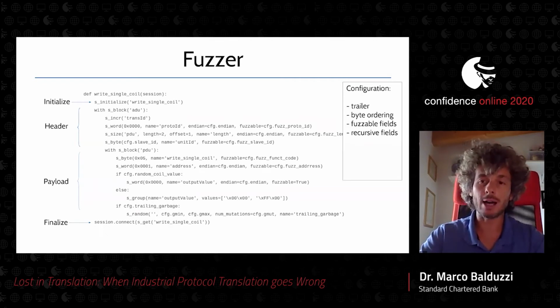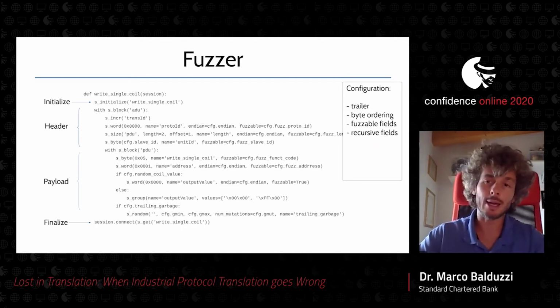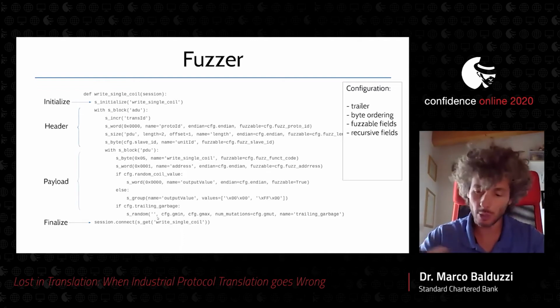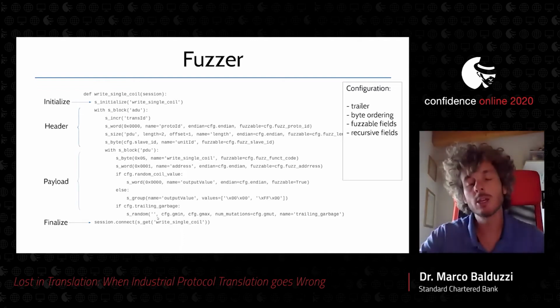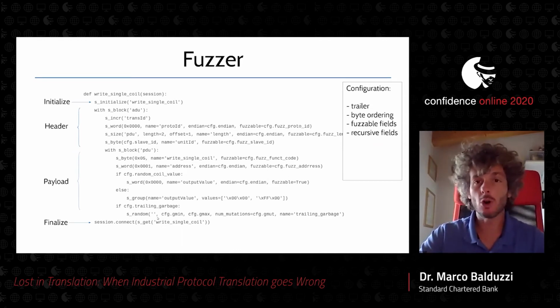Do you want to cover all the address space of the field, or just fuzz a few random values? You may want to add, down here, for example, some trailing garbage. For example, if you want to make a very long packet to potentially trigger a denial of service condition. So it's really cool.